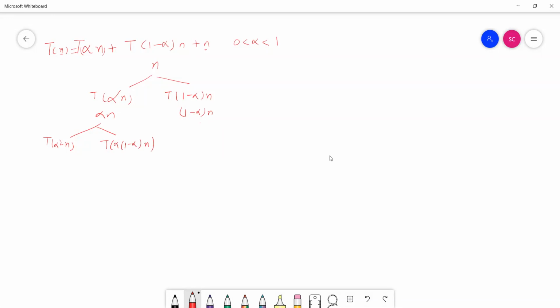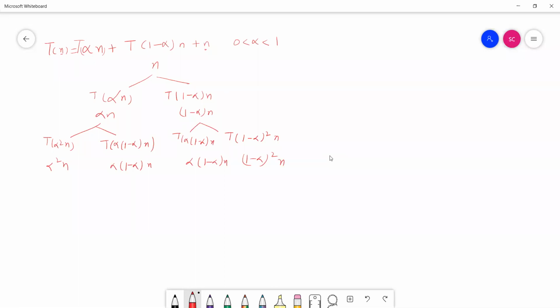And here we are getting T(alpha (1 minus alpha) n), and here we are getting T((1 minus alpha) square n). So here we'll do alpha square n amount of work. Here we'll do alpha into (1 minus alpha) n amount of work. Here we'll do alpha into (1 minus alpha) n amount of work. Here we'll do (1 minus alpha) square n amount of work.